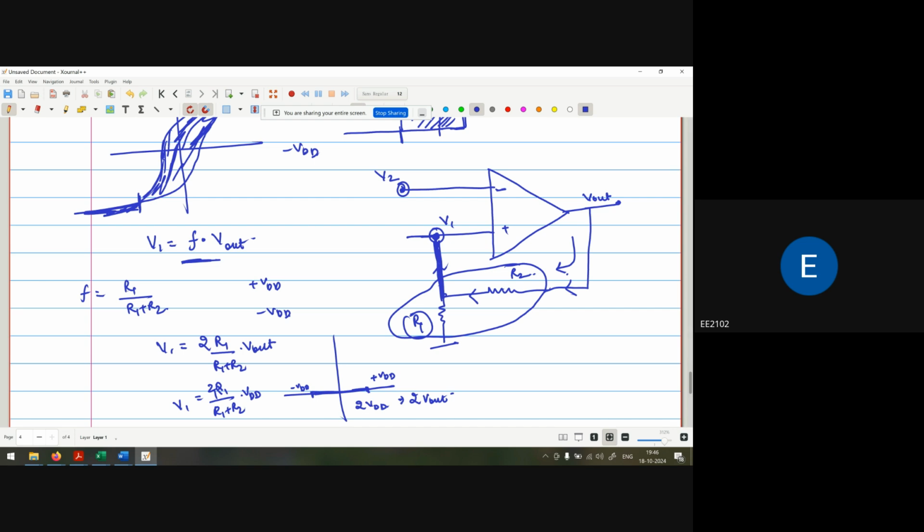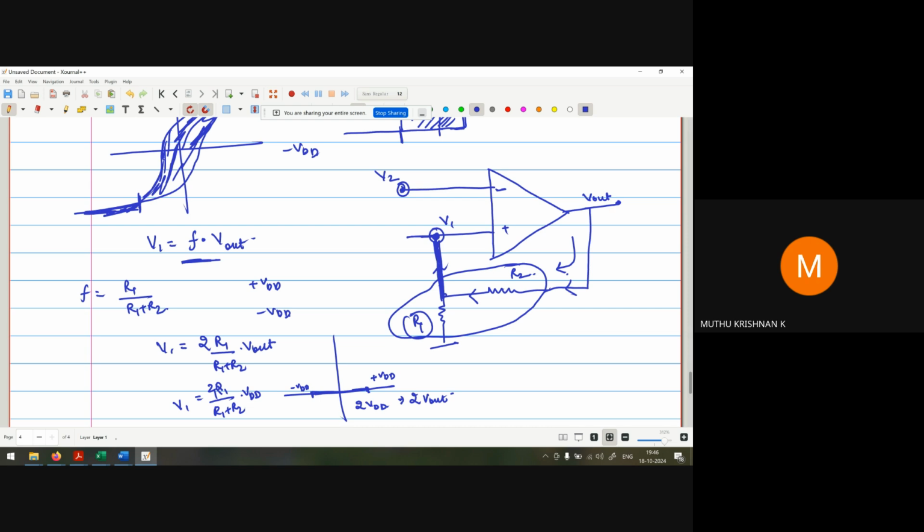Are you asking anything except this, or the same thing? Yes, sir. By adding this feedback, the comparator becomes a Schmitt trigger, right? We are giving hysteresis character to this.